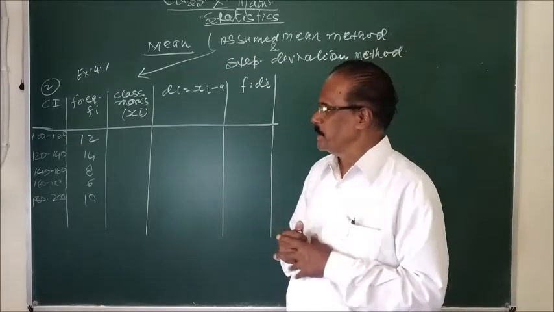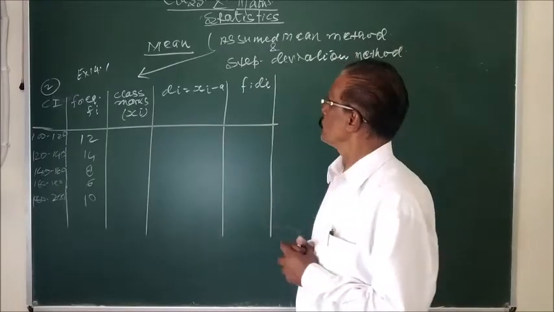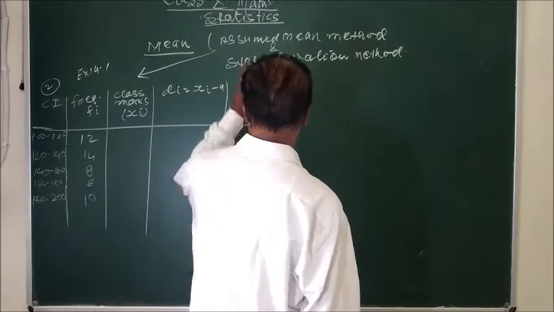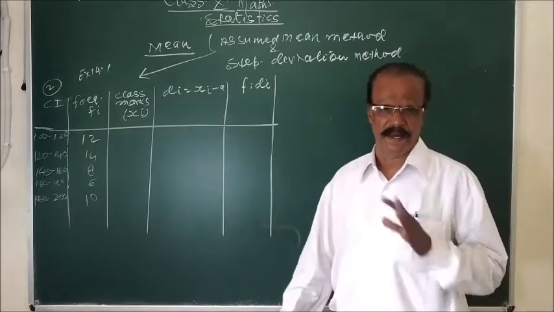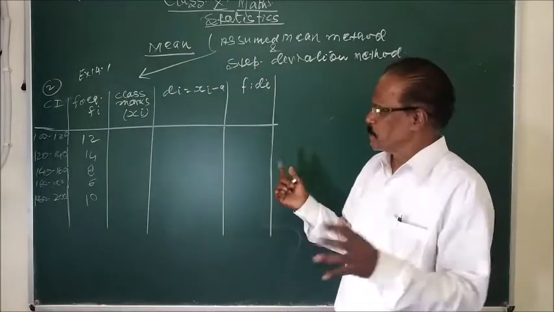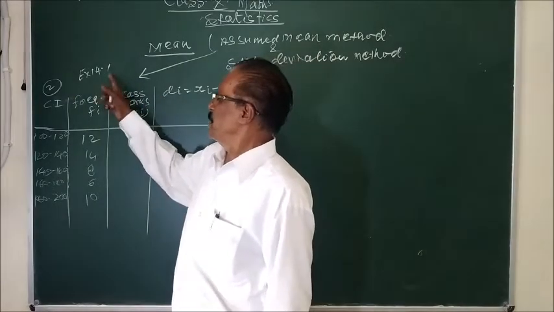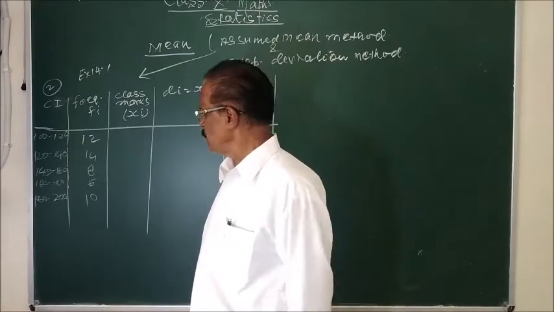There are 3 methods to find the mean of given data. I have already explained one. Today I will explain the assumed mean method and the step deviation method. Now you can see question number 2 of exercise 14.1.